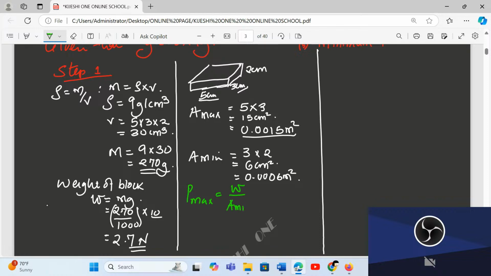This is 2.7 newtons divided by 0.0006, and this will lead us to 4,500 Newton per square meters.